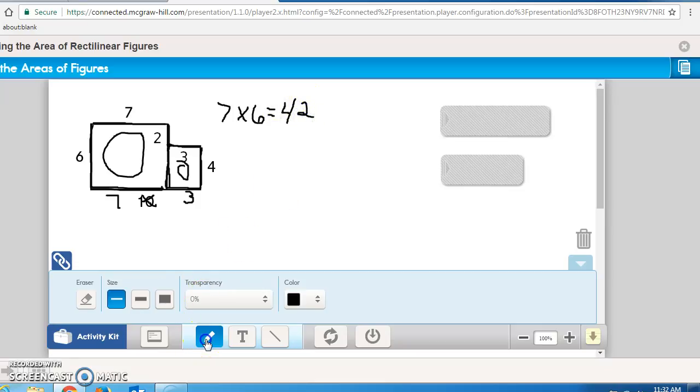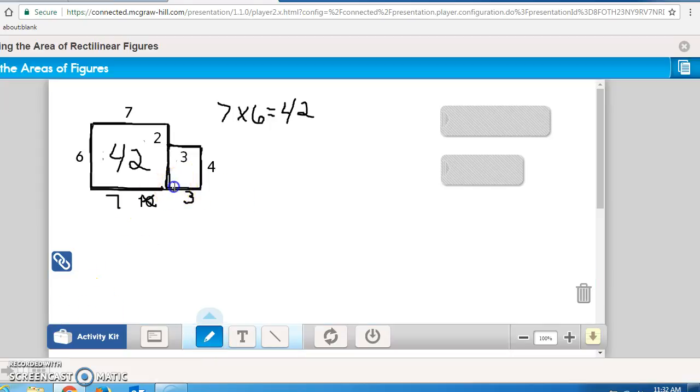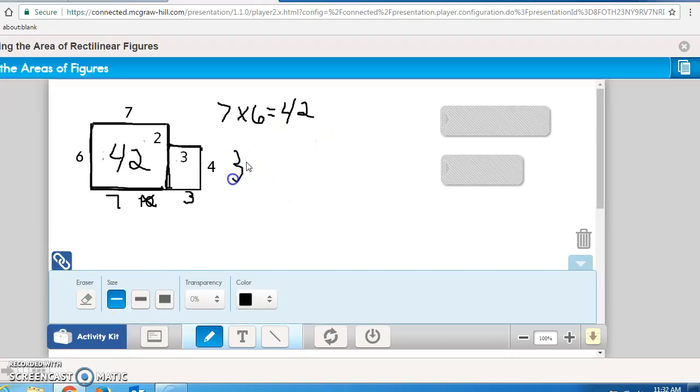So I now know that this rectangle here is 42. Now, when I'm looking at this smaller rectangle, I know that I'm taking 3 times 4, because this is my base here and my height, which equals 12.